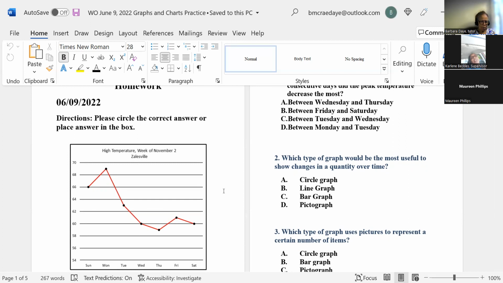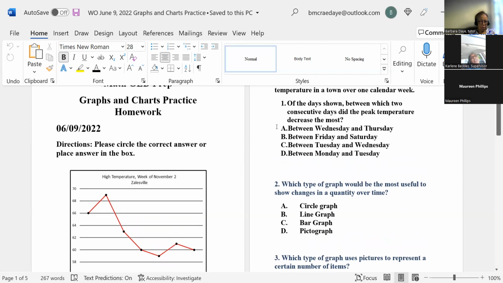In other words, the temperature went down. Which 2 days would you say? Wednesday and Thursday. Remember, I say you're looking for what? Where it decreased the most.